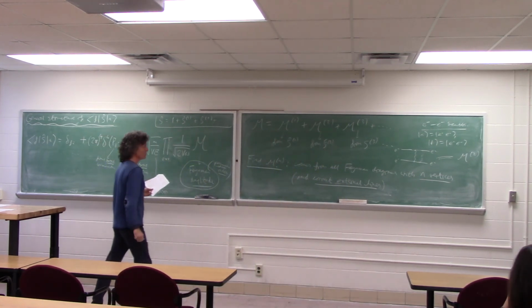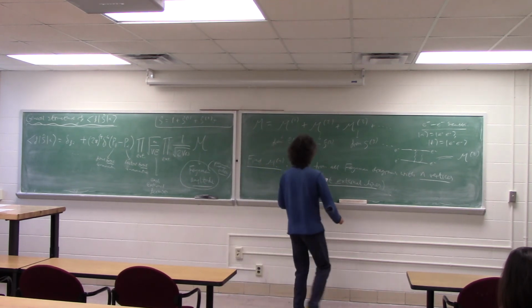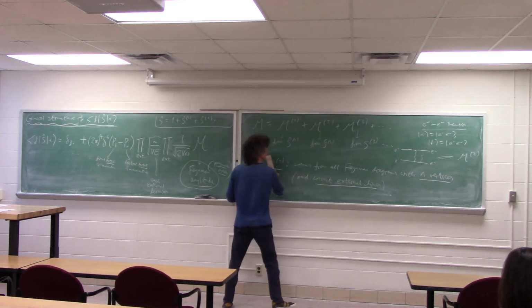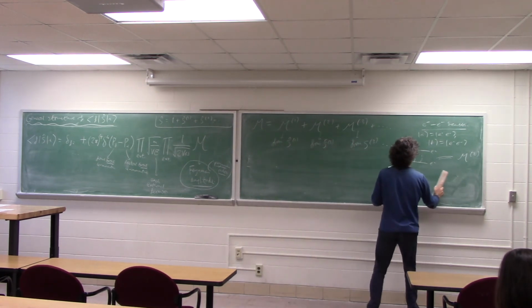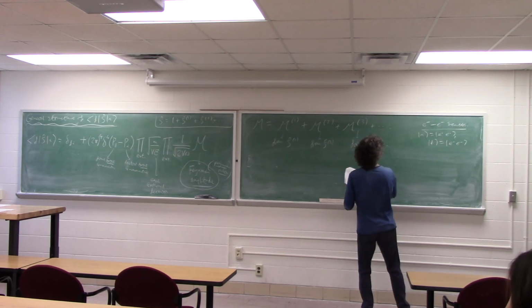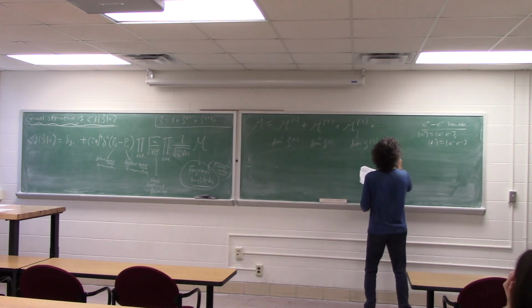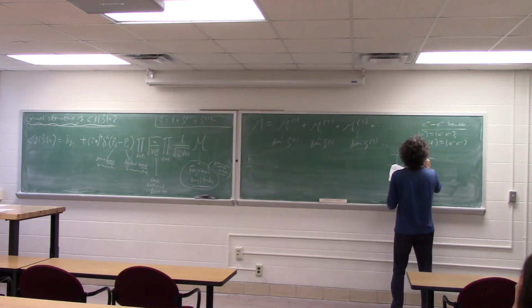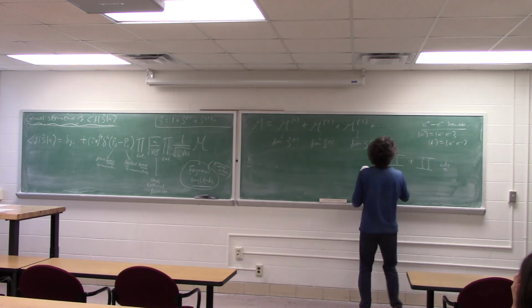So let me say I was doing electron scattering, doing this, plus this kind of business, etc. What is this? This is the second order Feynman amplitude.